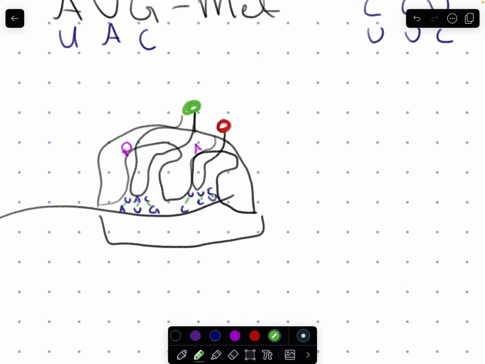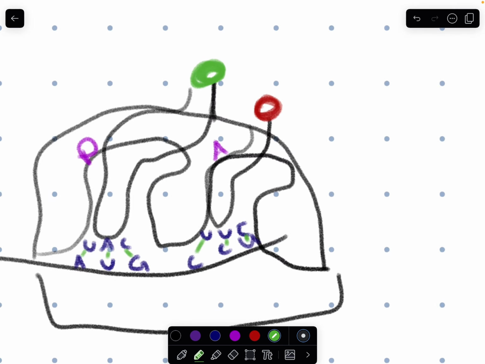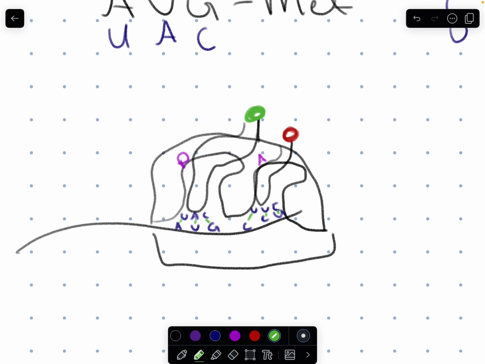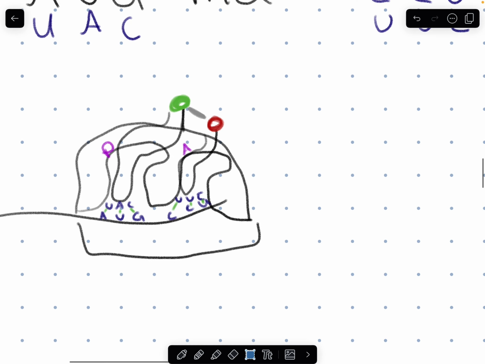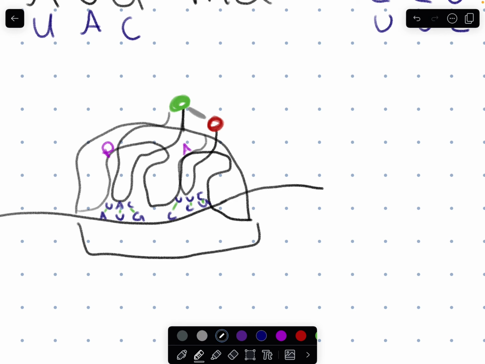Now we have both sites filled, and what happens now? Well, there's a bunch of different enzymes, and what they do is they start to form a bond between these two amino acids here. So those two become linked, and then let's draw ourselves another codon. Let's go with maybe AAA.